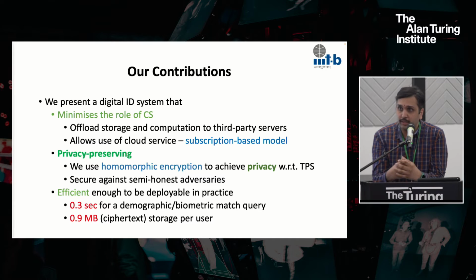What is important is that, contrary to the popular belief that these technologies are slow and incur a lot of overhead, we show that biometric and demographic queries can be performed in about 0.3 seconds on a single-core server. That seems quite efficient to be deployable, and the amount of space needed for the encrypted data is also quite feasible, about 1 megabyte per user.